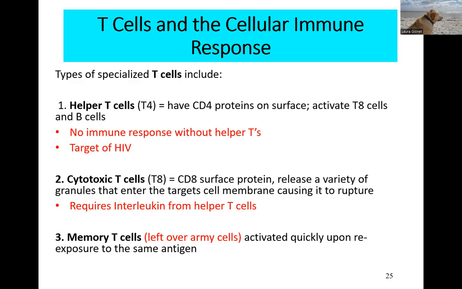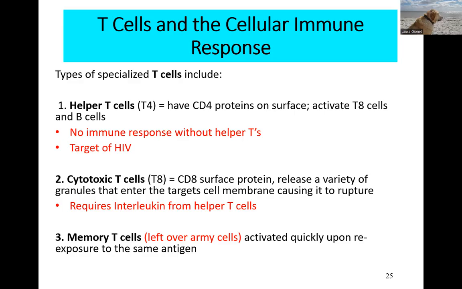A helper T cell means it's going to help initiate and sensitize, so to speak, the cytotoxic cells as well as the B lymphocytes. So it's a required step in initiating your immune response.